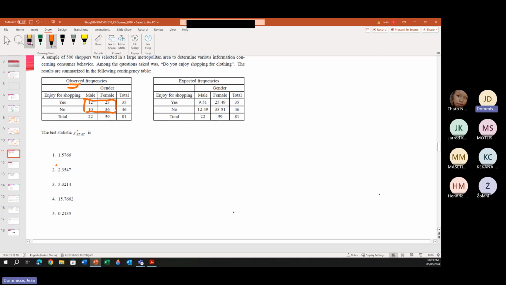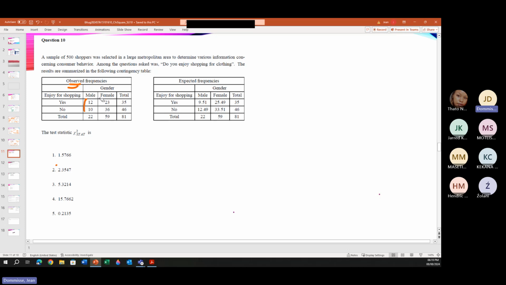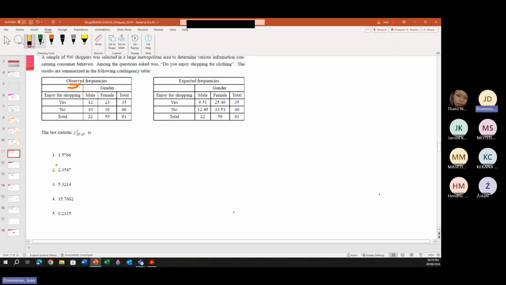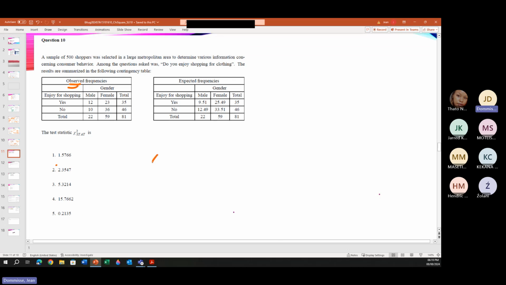Then we get the expected. And we now need to work out this chi-square.